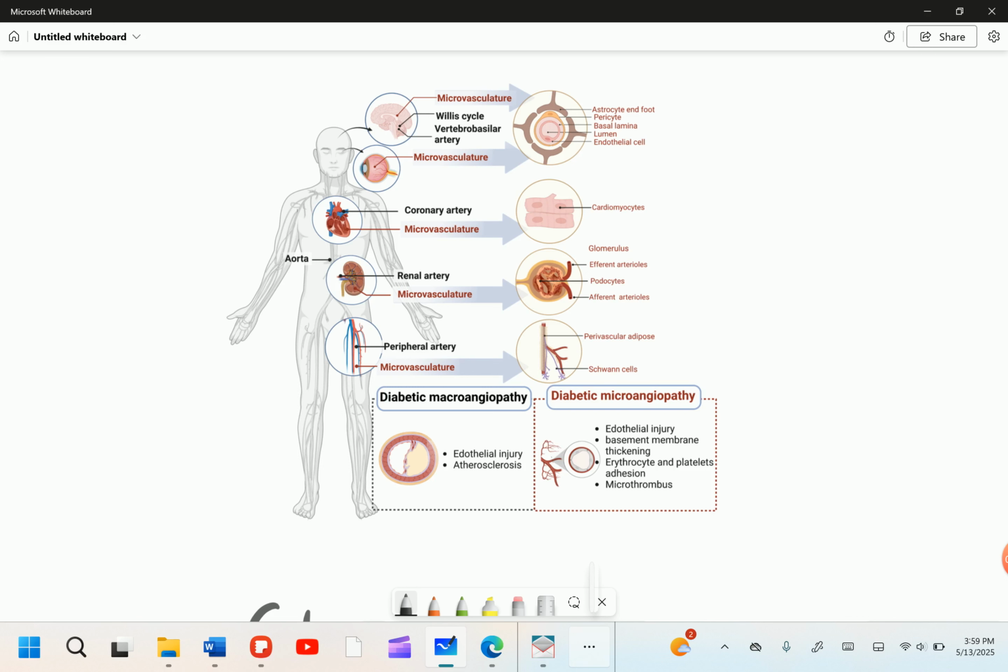It starts to hurt microcirculation, and so that's why blindness can set in. Coronary artery disease, renal artery disease, peripheral artery disease, even damage to the brain can occur because of the damage to the microcirculation.